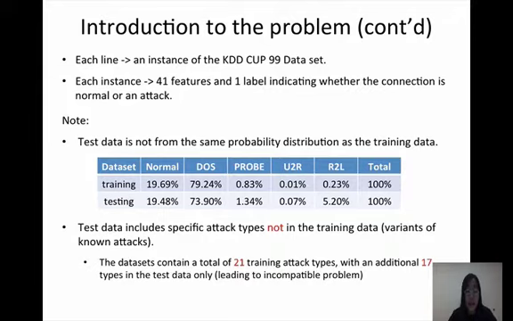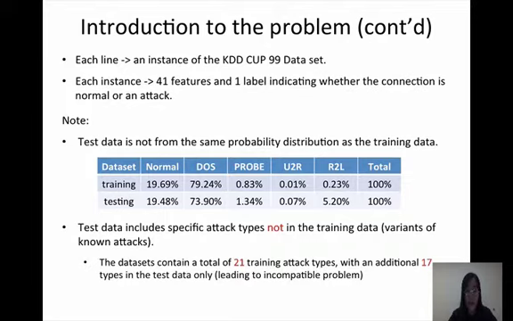The second problem is that the test dataset includes specific attack types which do not exist in the training data and are variants of attacks existing in the training dataset. Specifically, the training dataset contains a total of 21 attack types, with an additional 17 types in the test data only, occupying almost half of all the specific attack types.